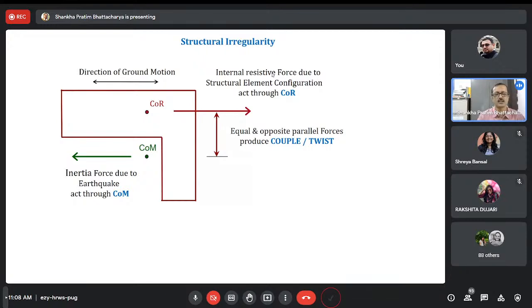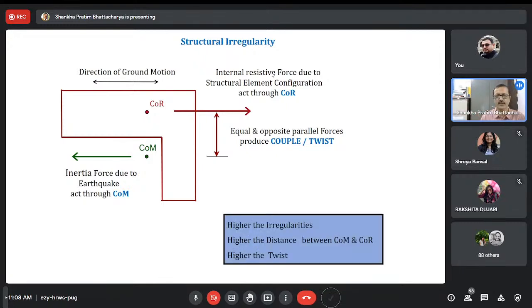Suddenly, suppose the bus accelerates or stops suddenly. You will lean forward and also twist, isn't it? Because of this twisting couple. That is why high irregularities will invite a higher distance between COM and COR, and a higher twist will be there. So make it simple.